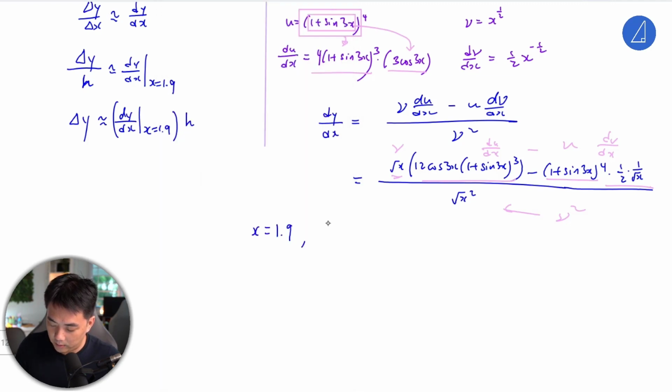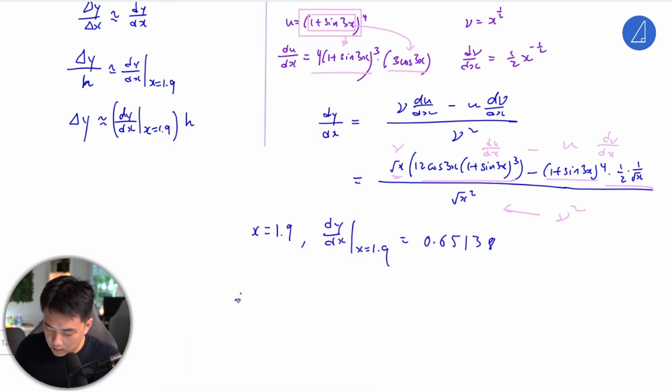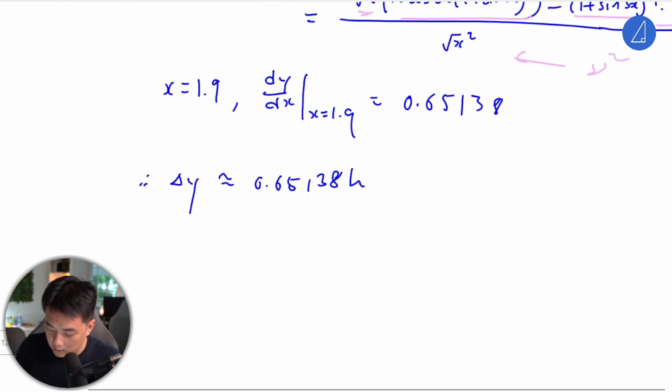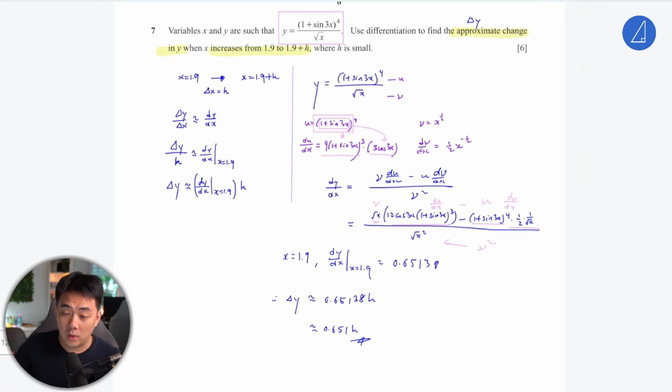So from the calculator, dy/dx at x equals 1.9 is equal to 0.65138. Hence del y is roughly equal to 0.65138 h. We just leave it as approximately 0.651 h to 3 significant figures. That's how you do this question here.